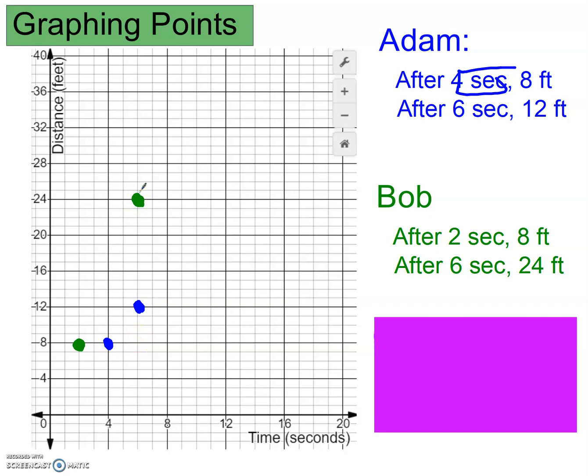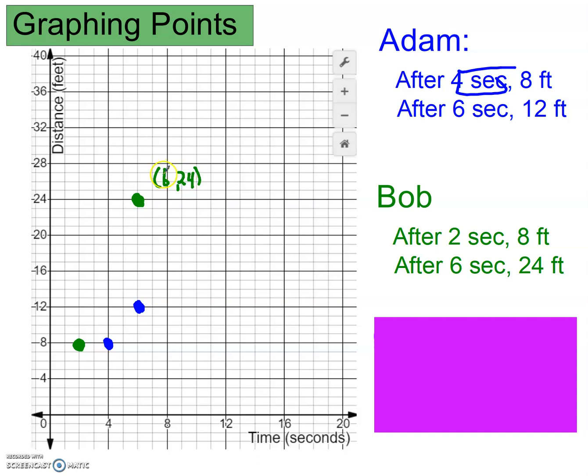Okay, so we're tracking this information on there, and oftentimes when we put these points on the graph we make a little set of parentheses, and we put both numbers in here. This is 6 and 24. Okay, and it's important to recognize what we're doing here.